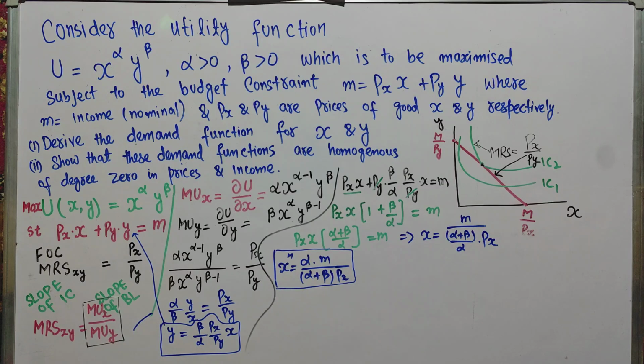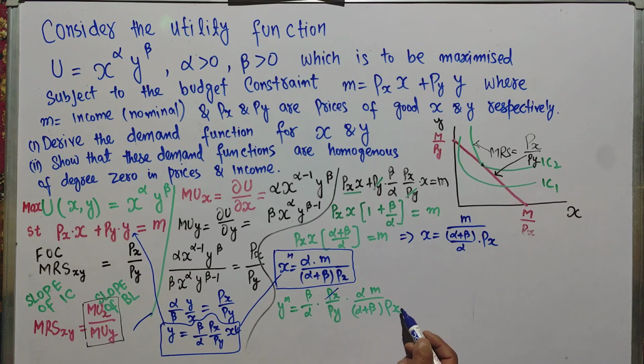By the same logic we have to calculate the demand function for good y. Now how do we calculate? Simply plug the value of x here, and we will get the demand function for good y. So y subscript m means that it is the Marshallian demand function. It will be equal to beta upon alpha times price of x divided by price of y, and in place of x we have alpha m divided by alpha plus beta times price of x.